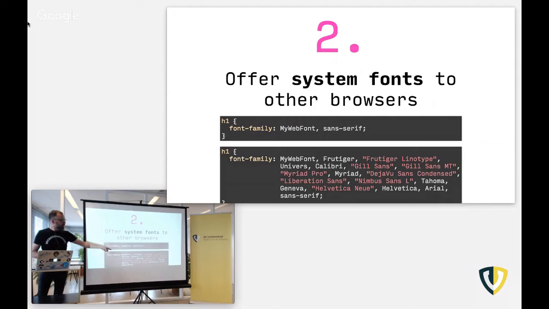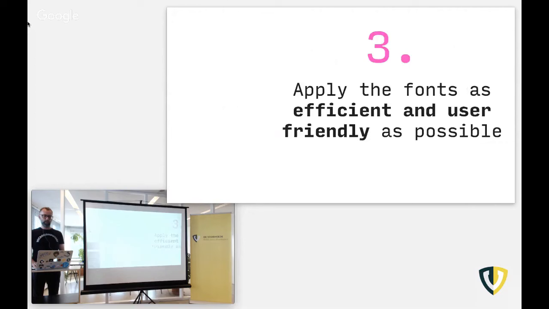When my web font doesn't load, then it goes to Frutiger. If that isn't there, it goes to Frutiger Linotype, etc. And the idea is that it goes to the next font that might be on your system that looks as close as possible to your original font, making your web page look kind of like how it was intended, but with a font that doesn't have to be downloaded.